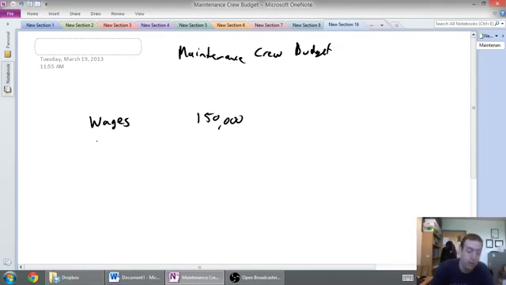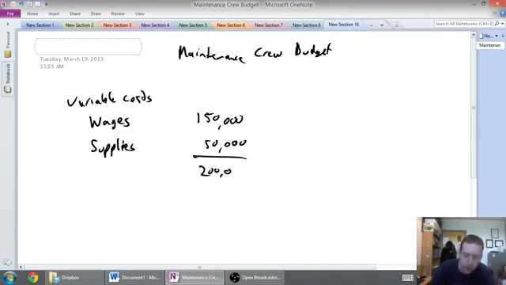He also has like supplies, they got to buy small tools, they got to buy supplies to fix things on the chairlifts and wherever else around the ski hill, and they're going to use around $50,000 worth of supplies, and those are all we would call Joe's variable costs or variable expenses. So he's got $200,000 worth of variable costs.